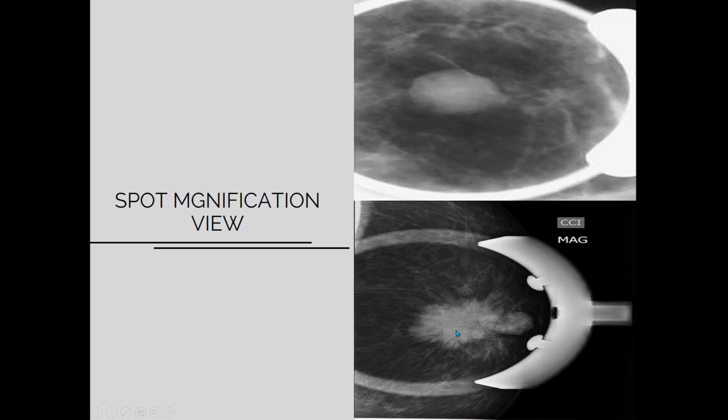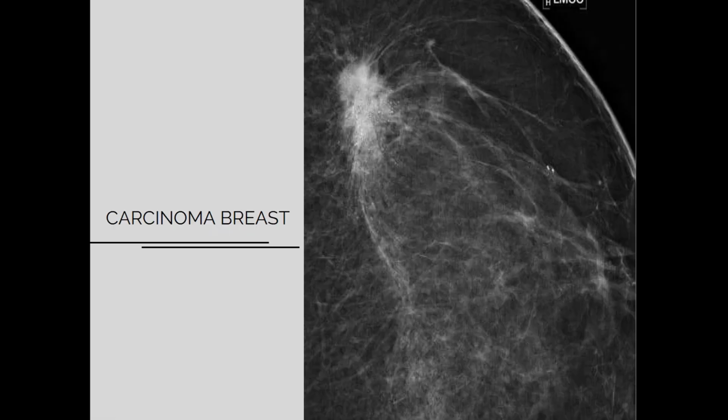Along with that, if you focus, there may be some microcalcifications as well, but these are not very clear in this picture. Yes, in this picture microcalcifications are very clear.